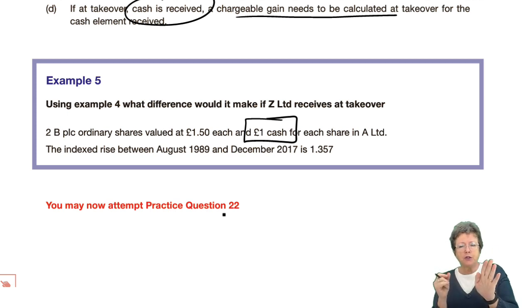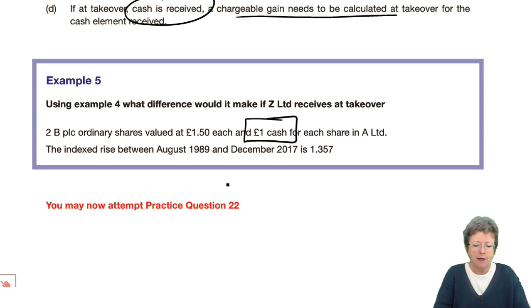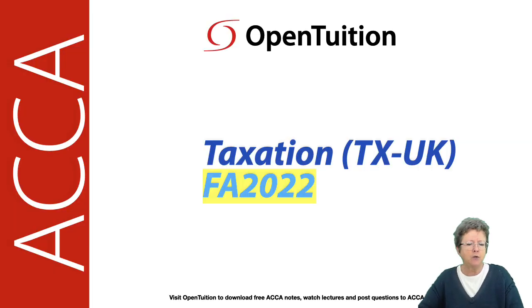Do the chapter on shares for individuals, do the chapter here on shares for corporation tax, and then do the practice question. If you're still not happy with it, watch it again, keep doing the examples, and when you're happy with it, go to your BPP revision kit and do a couple of examples there just to make sure that it's well fixed in your head.